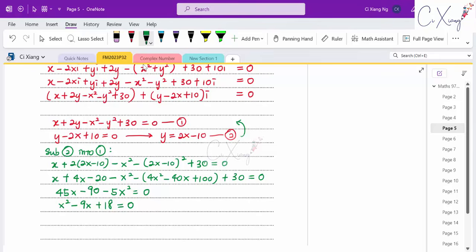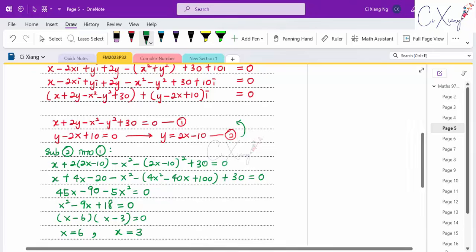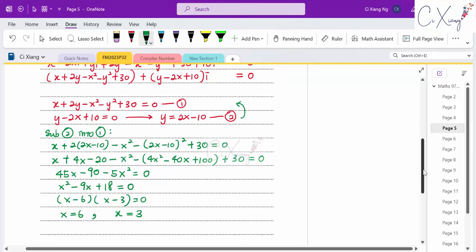Then let us solve it. We can factorize it and get x minus 6 and x minus 3 equals 0. The values of x are x equals 6 and x equals 3. Substitute x equals 6 and x equals 3 into the second equation to get the value of y. So 6 times 2, 12 minus 10, your value of y will be 2.